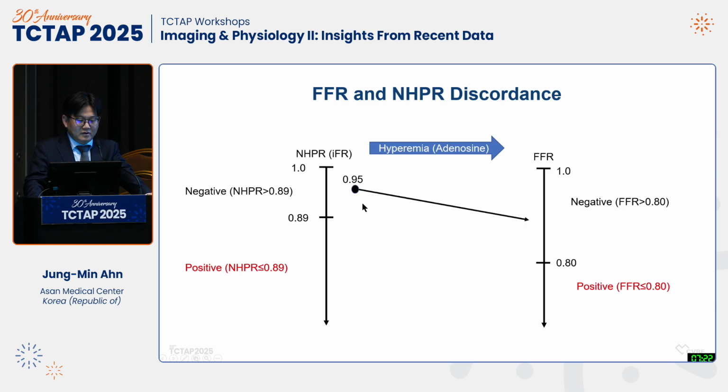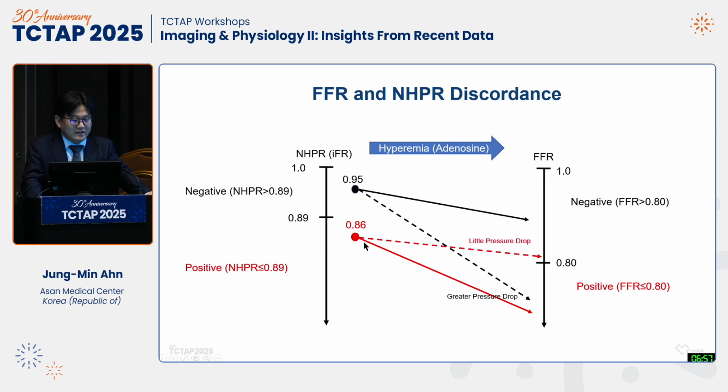For example, a non-hyperemic pressure ratio of 0.95, and the final FFR after hyperemia is below 0.80. But this is concordant. But sometimes a negative non-hyperemic pressure ratio is below 0.80, sometimes a positive non-hyperemic pressure ratio is above 0.80.